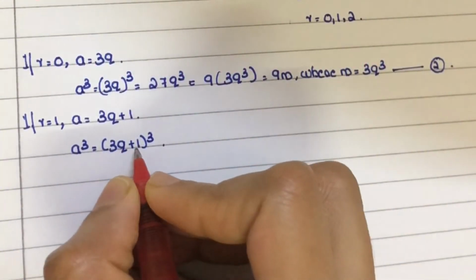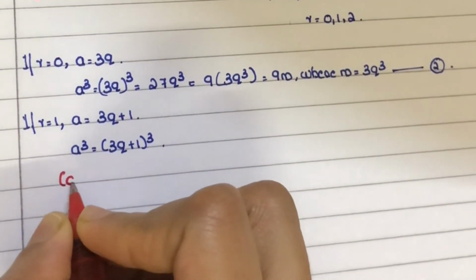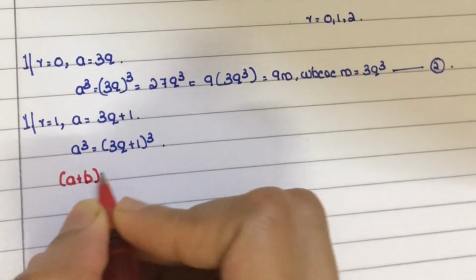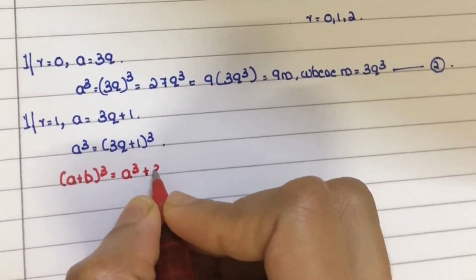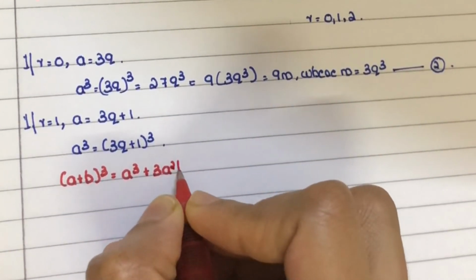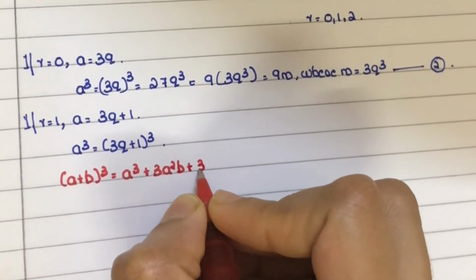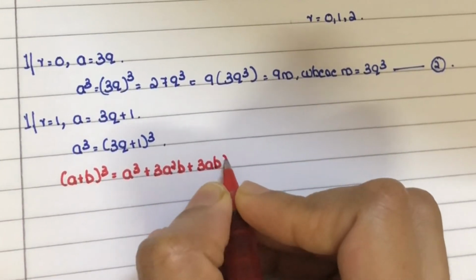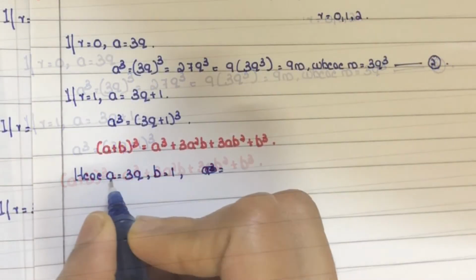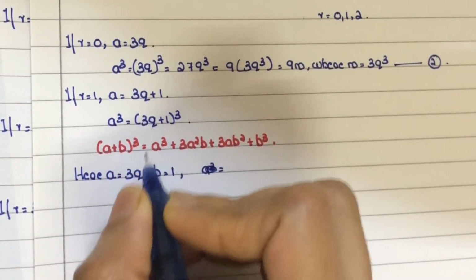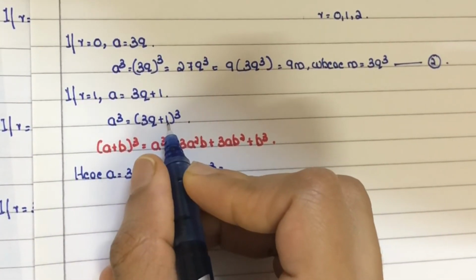It is of the form a plus b whole cube, and we know that a plus b whole cube is equal to a cube plus 3a square b plus 3ab square plus b cube. Here a is equal to 3q and b is equal to 1.